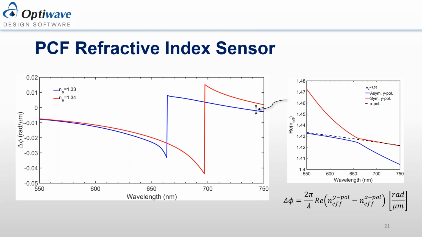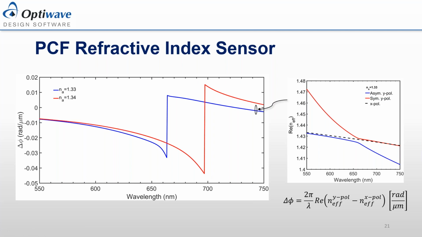With this particular one, what we can see is that at roughly 700 nanometers, about 695 there, we can see a significant phase difference between the value calculated at an analyte refractive index of 1.33, relative to the phase calculated at a refractive index of 1.34.